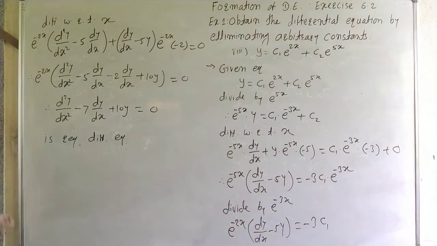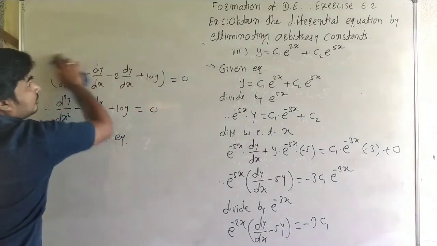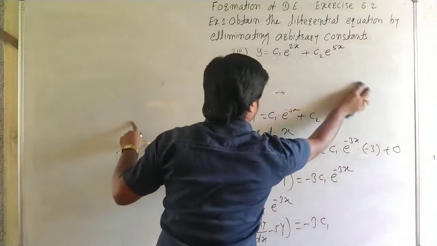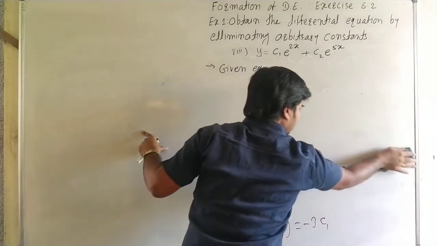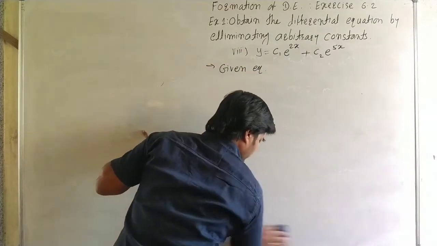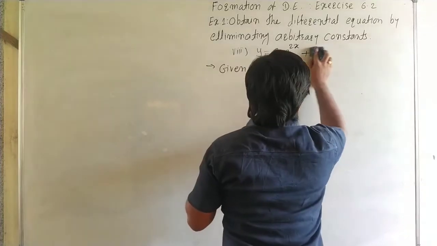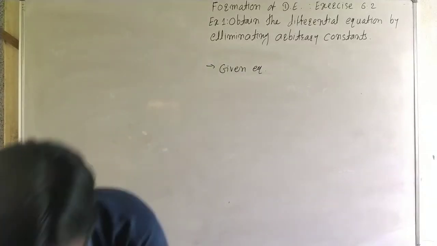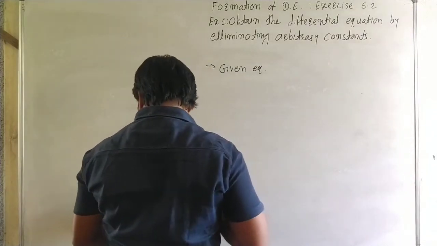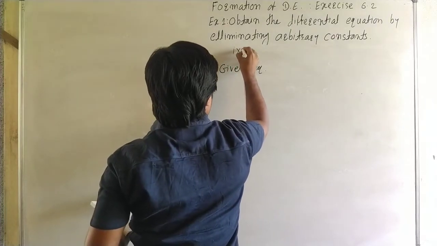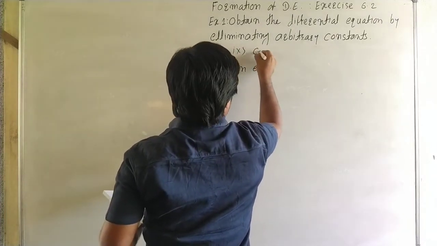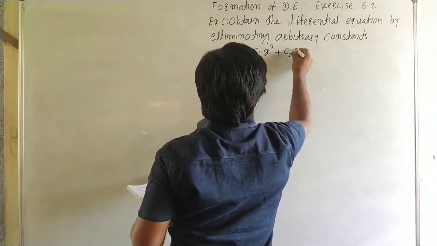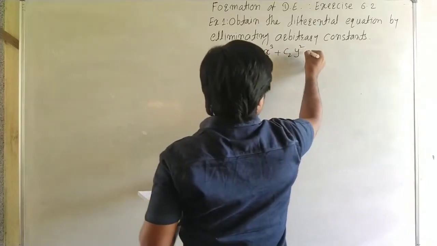Now the next example. Example number 9: c1x cube plus c2y square is equal to 5.